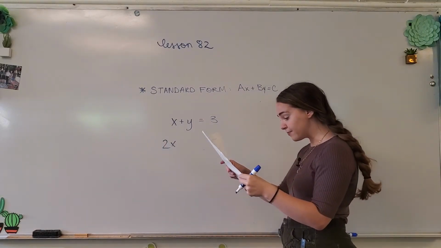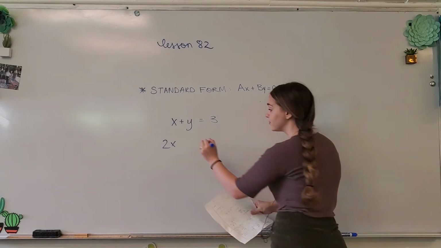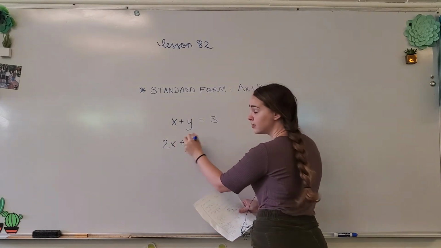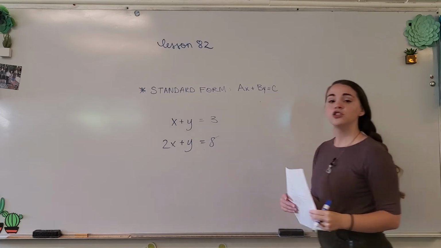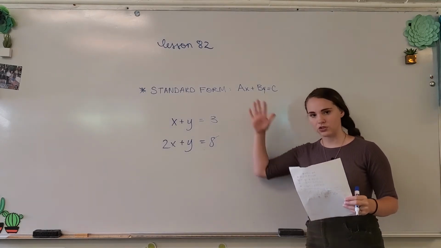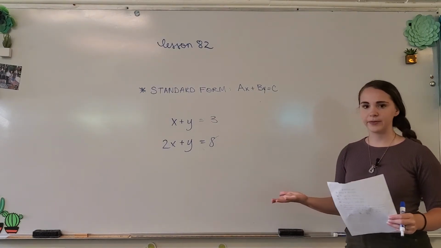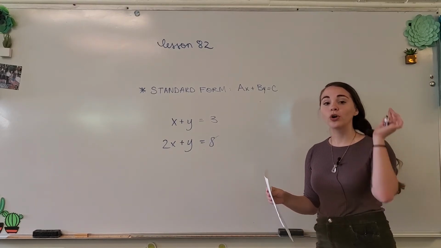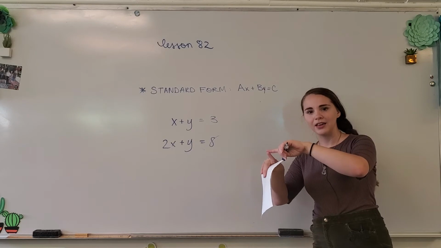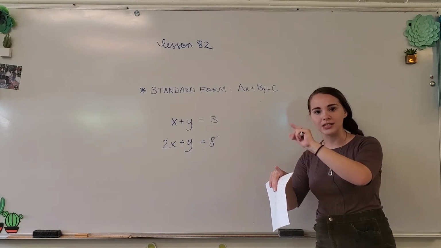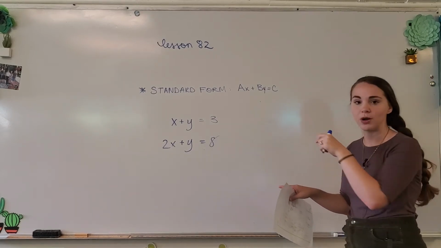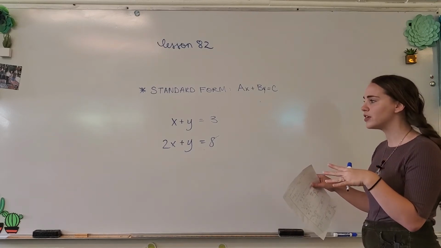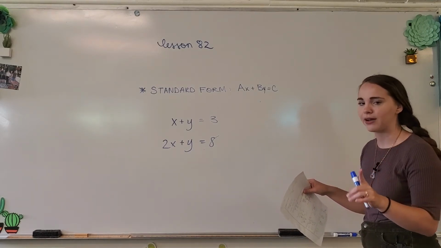And then add the second. The sum is 8. So we have 2 different equations here, okay? So in order to find what the actual 2 numbers are, we're going to graph these and see where they intercept, where they cross. That's where the point is, and that's what the 2 numbers equal.